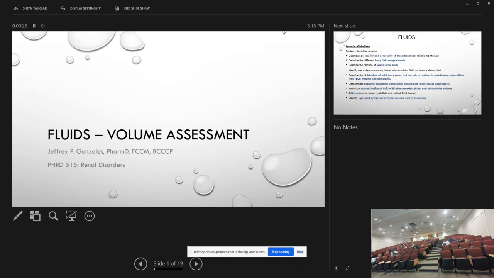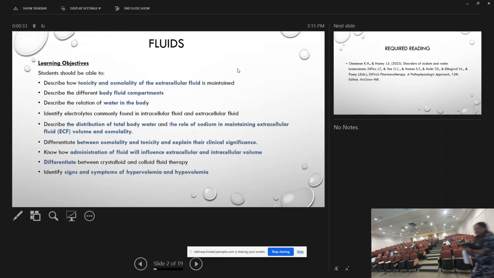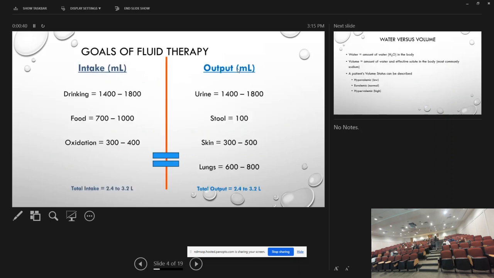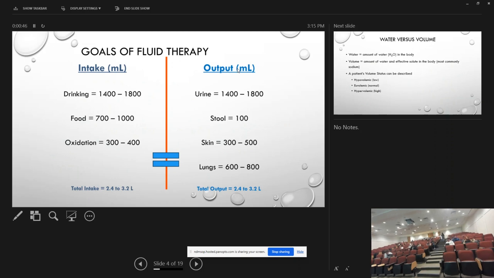Right. We're going to move on to volume assessment right now. Make sure you familiarize yourself with the learning objectives. So remember, the goal of fluid therapy: whatever you intake, whatever you drink, should come out, right?